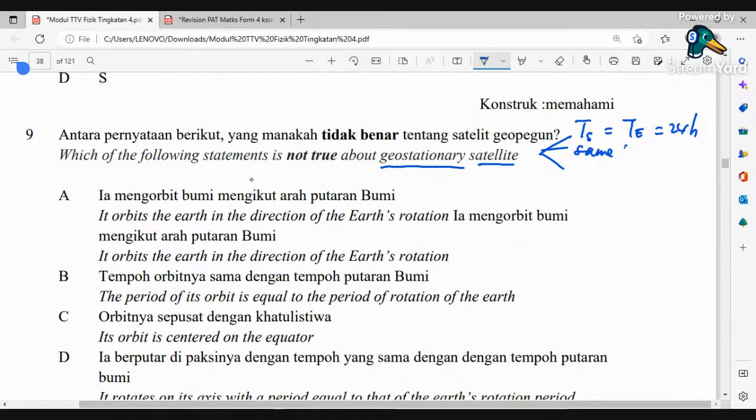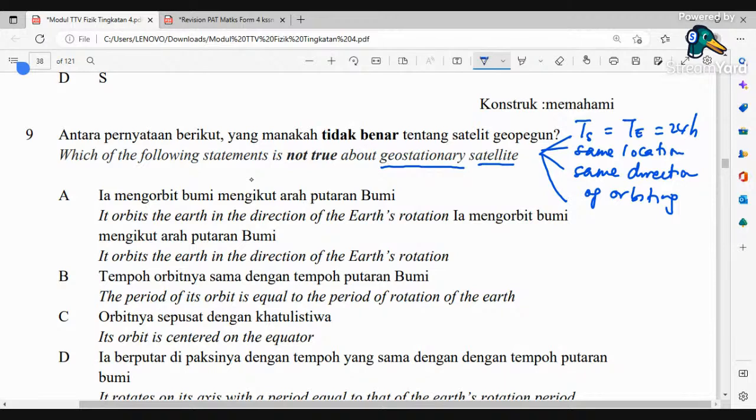Same location, same direction of orbiting, always at the geostationary satellite orbit. Which one is not true?